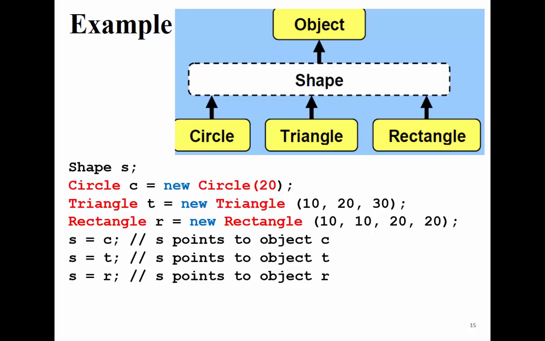So the declaration type for c matches the runtime type, and also for t and r. We can do this. We can assign c to s, t to s, r to s. All this we can do because Shape is a parent of Circle, Triangle, and Rectangle. And automatic casting will take place here.